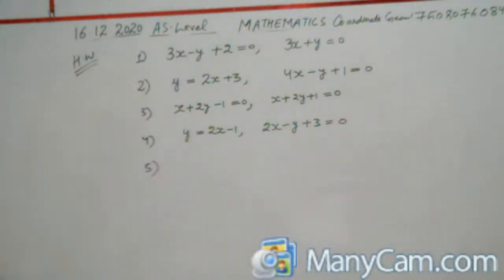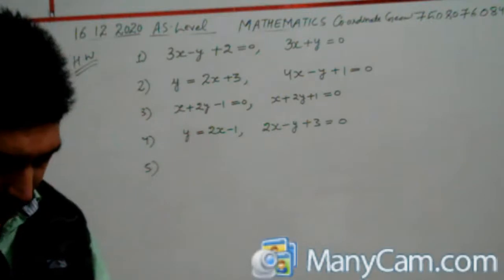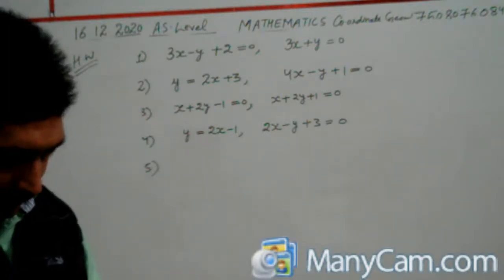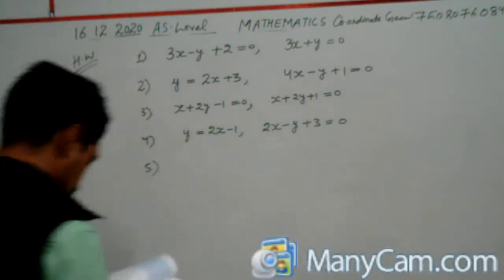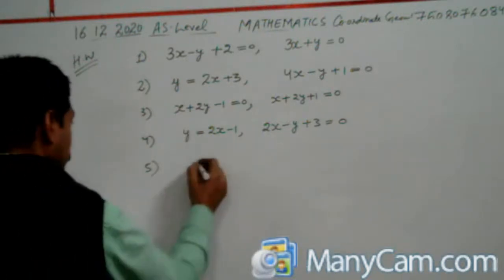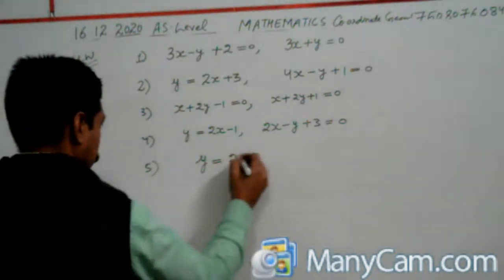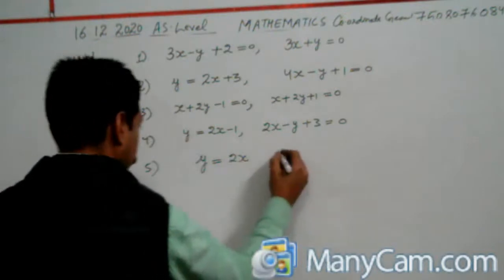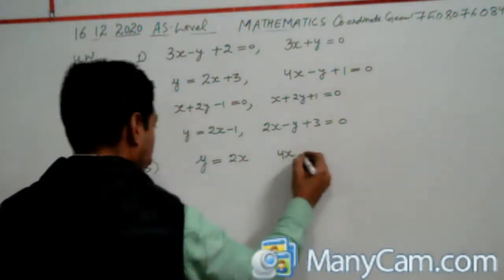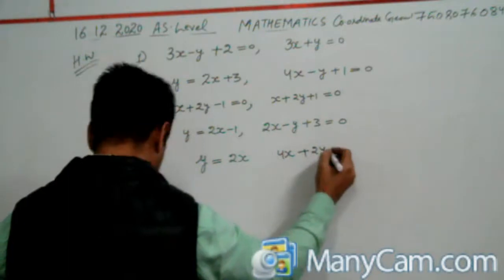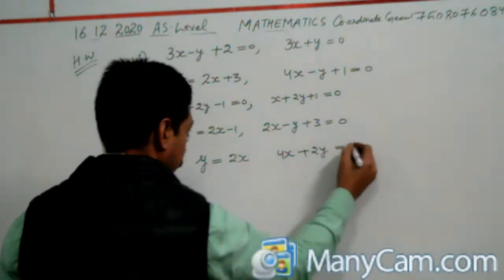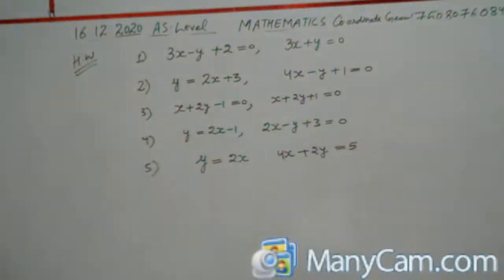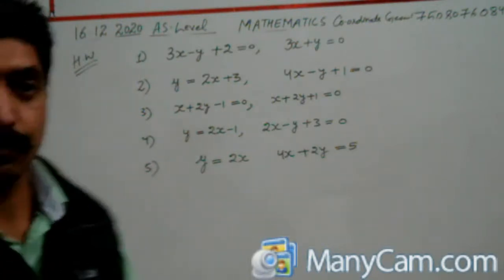Take one more part, that is y is equal to 2x, and 4x plus 2y is equal to 5. Right? So these 5 parts you can take as homework.